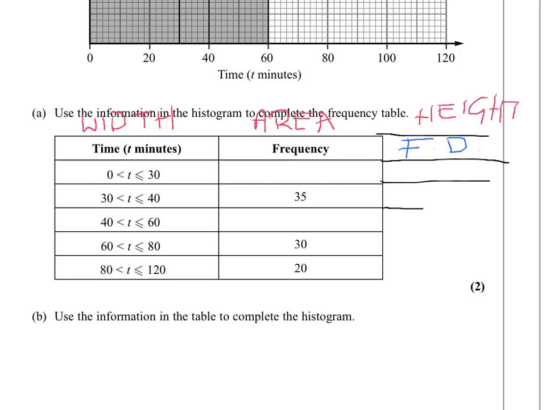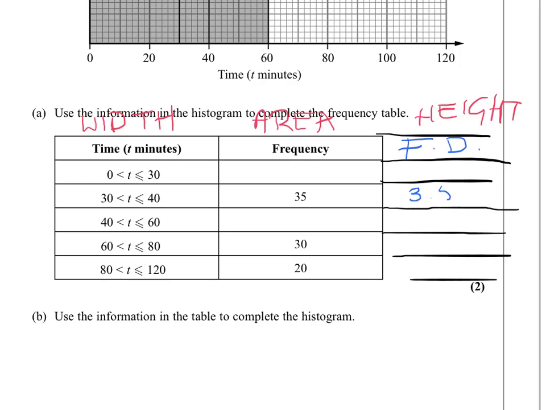Now we've got that in place, we can start to work out some of these frequency densities. So 35 divided by 10, which is the difference between 30 and 40, is going to be 3.5.